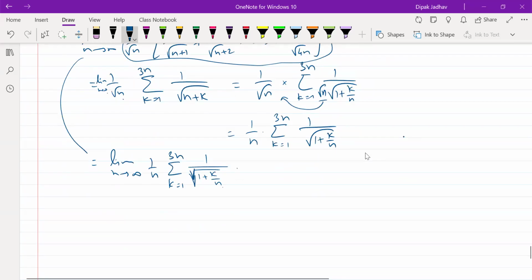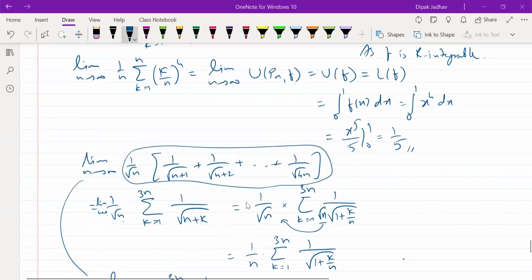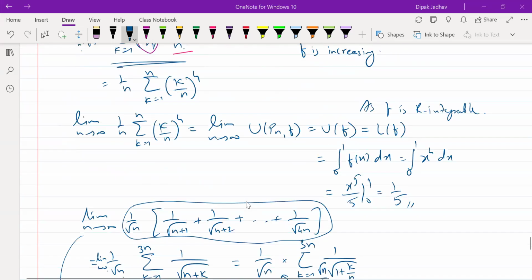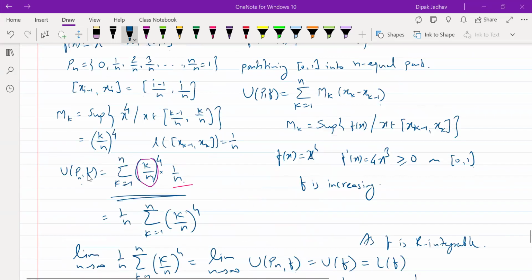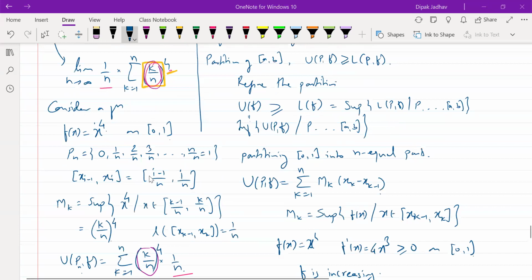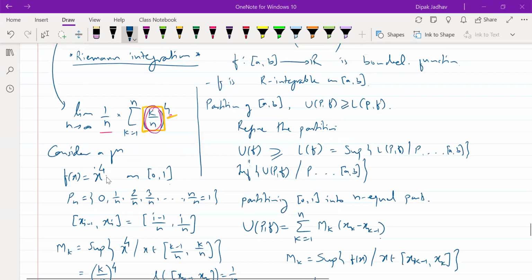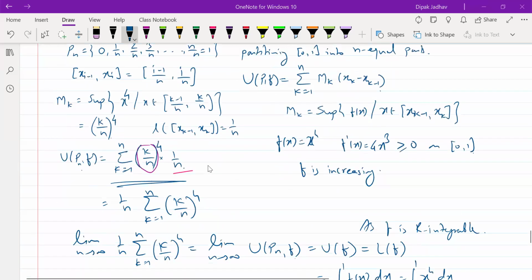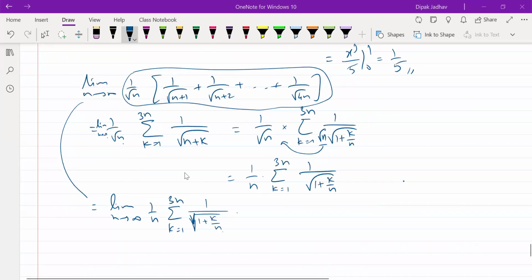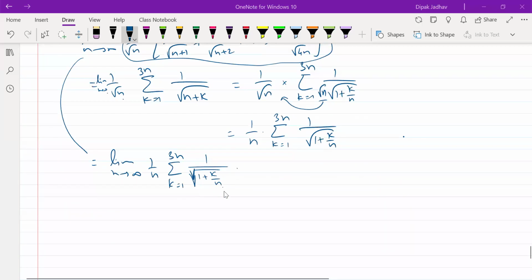Now, can you apply the same trick that we have applied here? You identified some function and some closed interval, and then we computed its Riemann integral by using the definition, by considering a partition like this. The same thing is applicable here also, because we got something in the form of k by n.